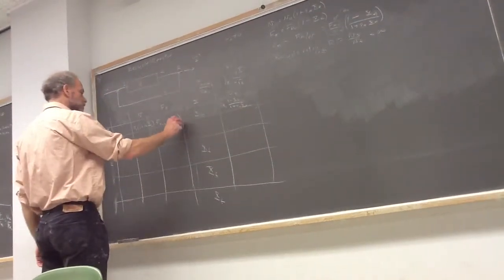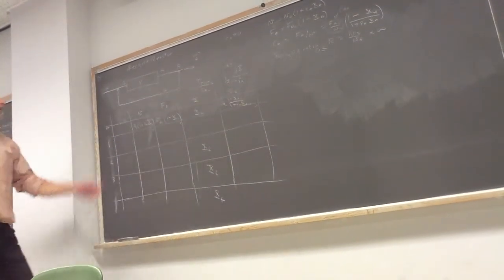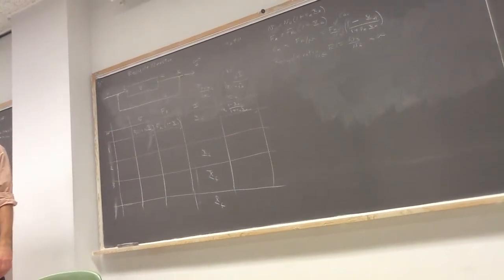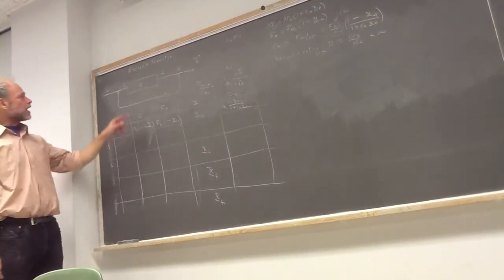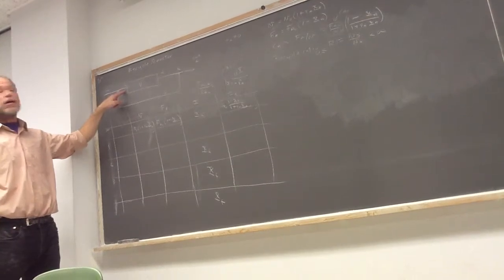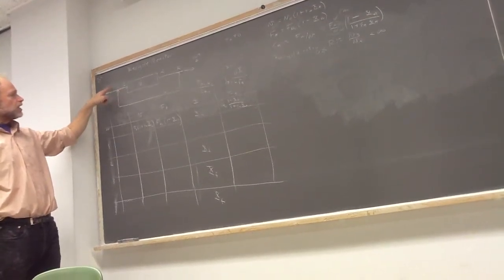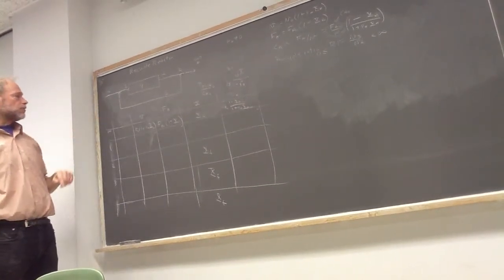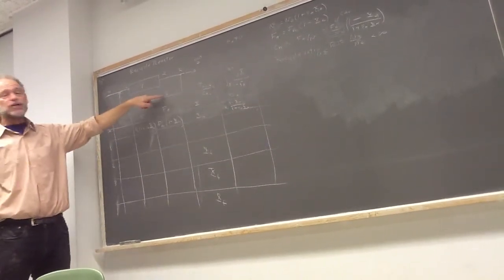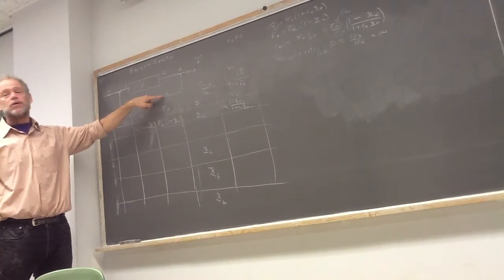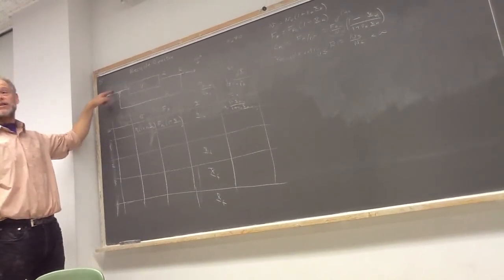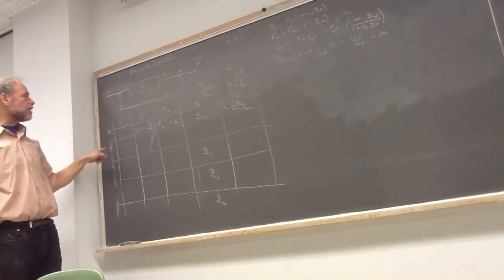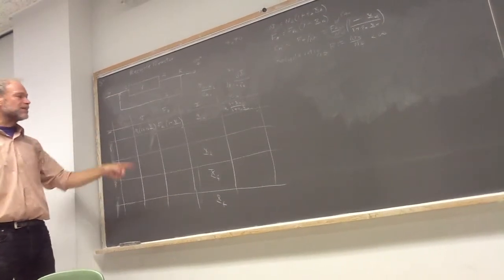So I've got to fill in these boxes. How do I get FA1 and V1? FA1 and V1 are a mixture of the inlet stream and the 3 stream. So I need to know the concentration in the 3 stream in order to know how to mix it with the 1 stream. So I need to know everything about the in stream and everything about the 3 stream.